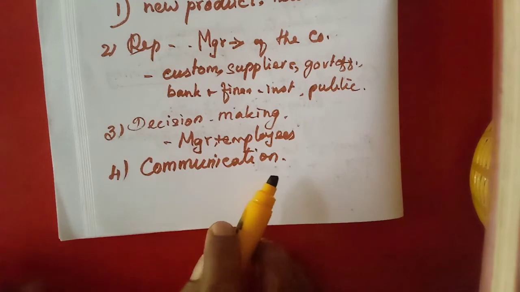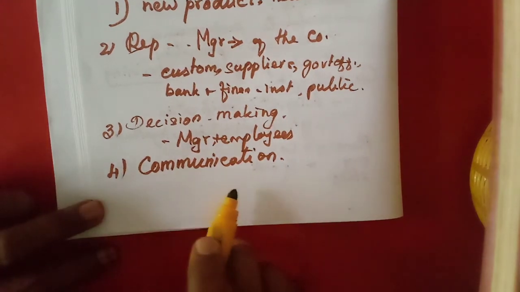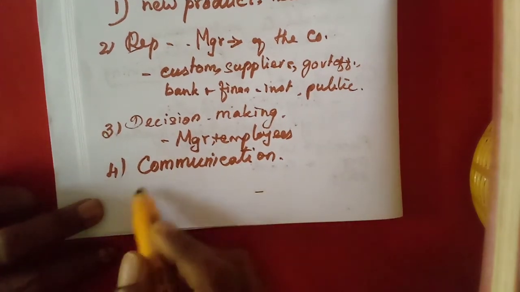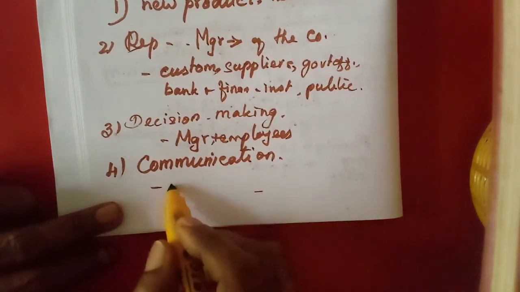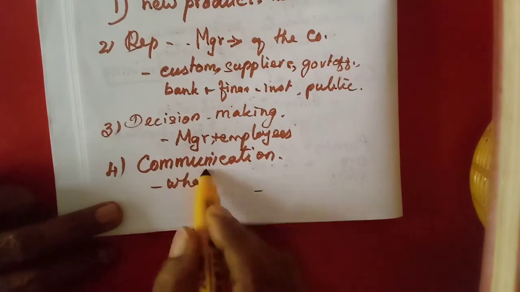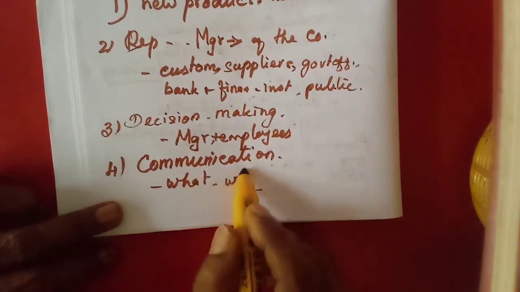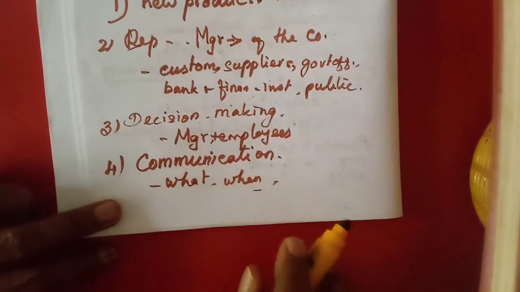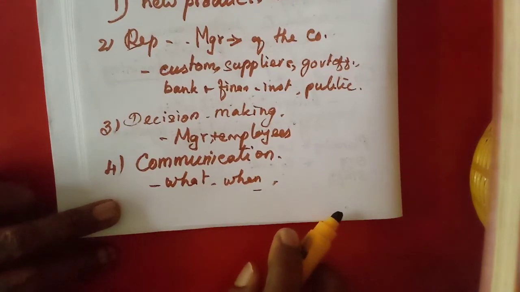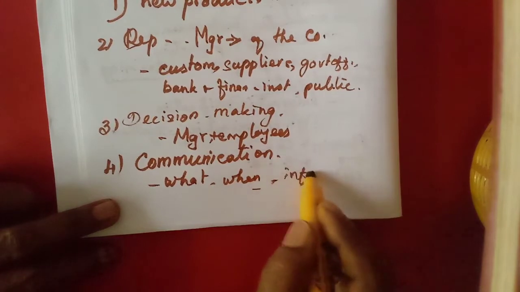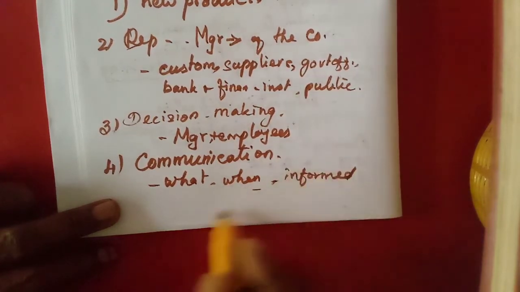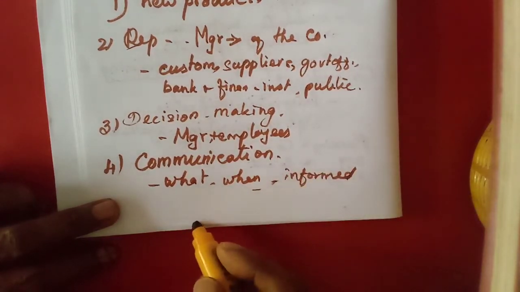So here we can write that point also. Communication: what should be done, how it should be done, where it should be done, when it should be done. Everything must be informed to the workers through proper language, one common language.